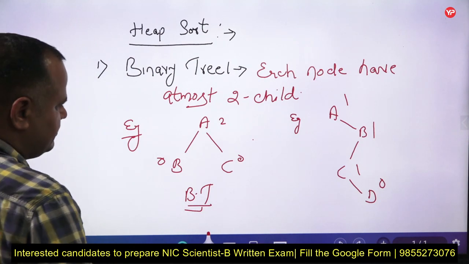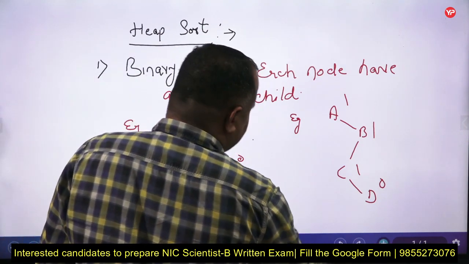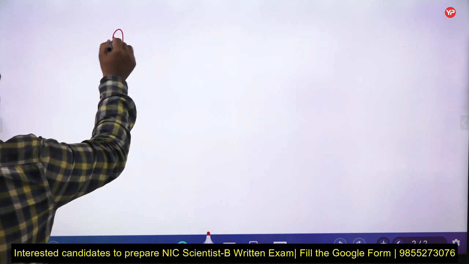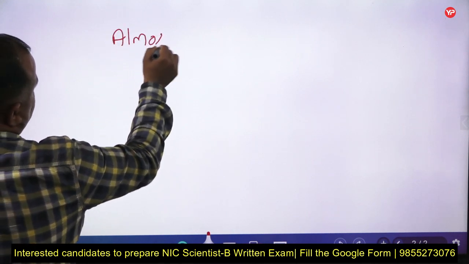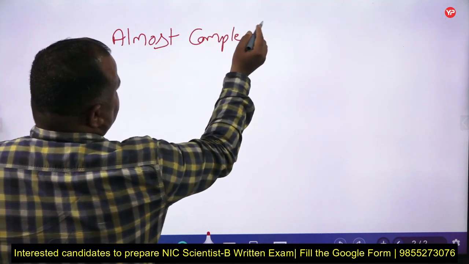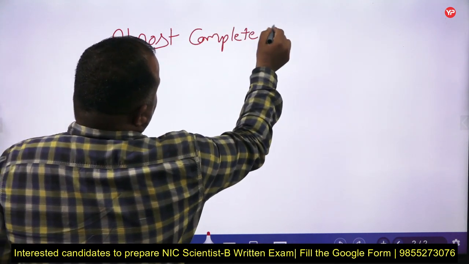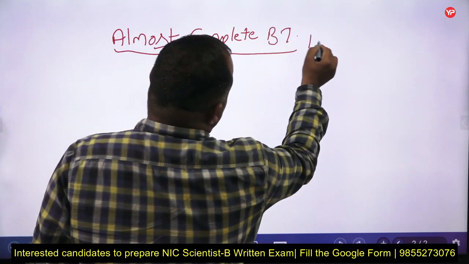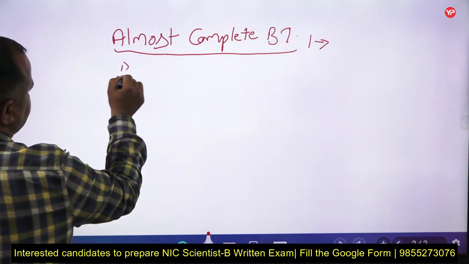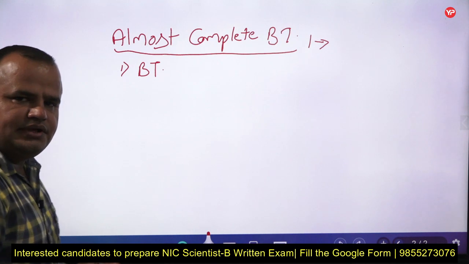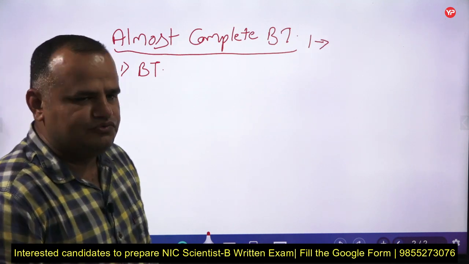Fine. Now, the next topic is what is an almost complete binary tree. If we talk about an almost complete binary tree, first of all it should be a binary tree. What do you mean by binary tree? Each and every node has at most two children.